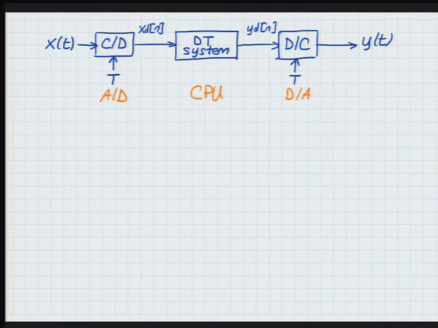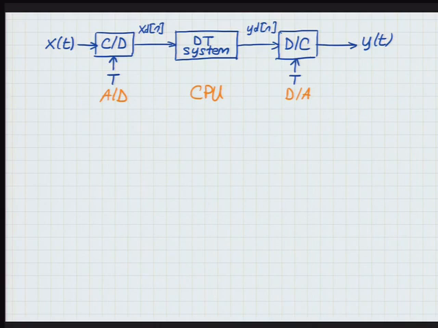Now the question is, for analysis purposes, there are too many things going on here, right? There's a continuous time signal x, there's a discrete time system in the middle, and then comes out another continuous time signal. If I were to do Fourier transform types of analysis of LTI systems, how do I even do that? Too many things going on.